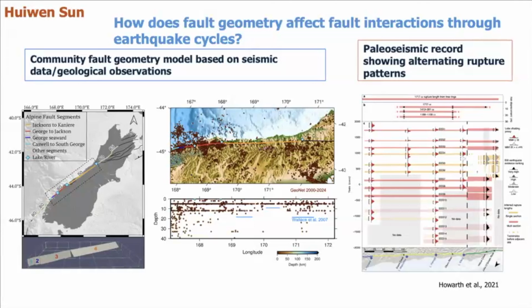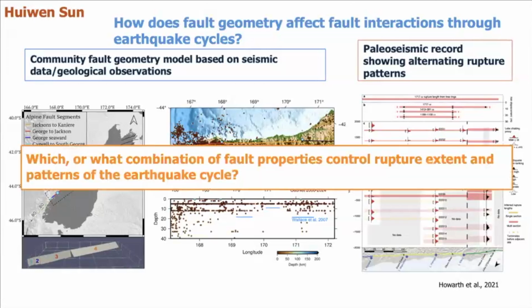This black vertical dotted line shows you where the boundary of the partial rupture is, and that also corresponds to where this change in dip is. So that got me really interested in this project. I was interested in answering what combination of fault properties would control this kind of pattern.